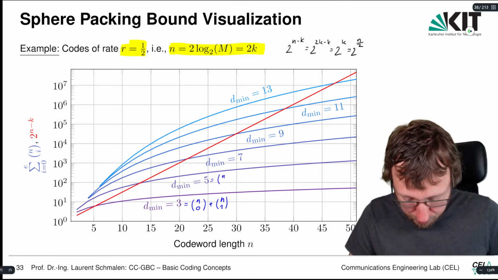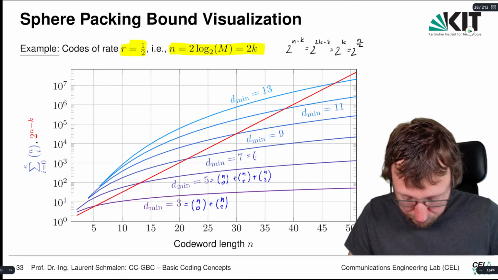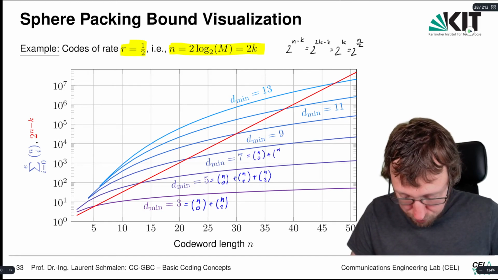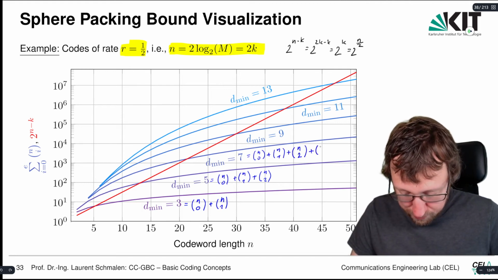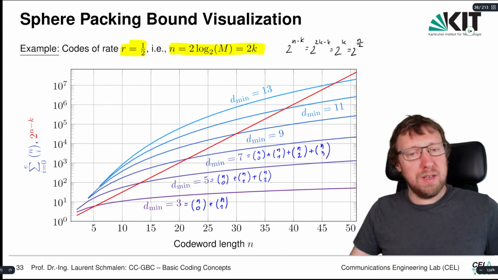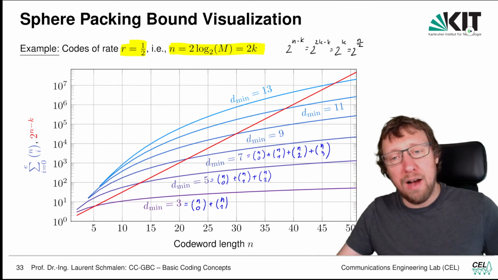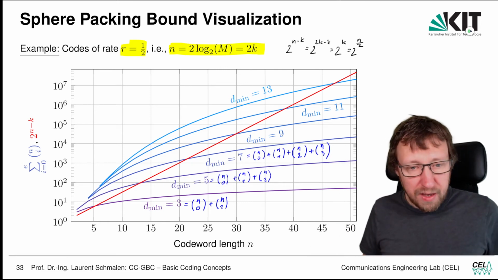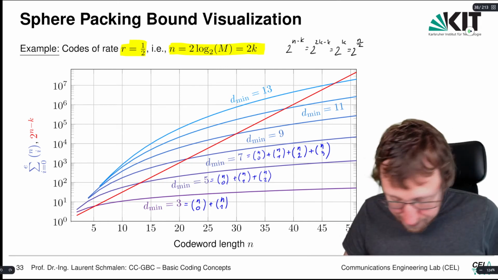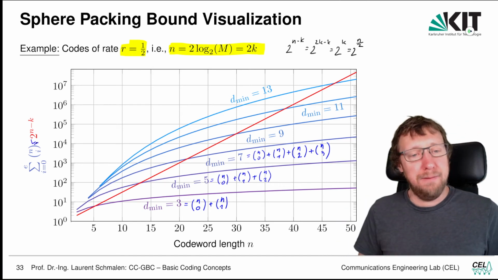For 5, this is equal to n choose 0 plus n choose 1 plus n choose 2. For 7, this is equal to n choose 0 plus n choose 1 plus n choose 2 plus n choose 3, and so on. So every time we increase the minimum distance by 2, we can correct an additional error, and the sphere grows by 1 in radius. And we know that this must be smaller or equal than 2 to the power n minus k.